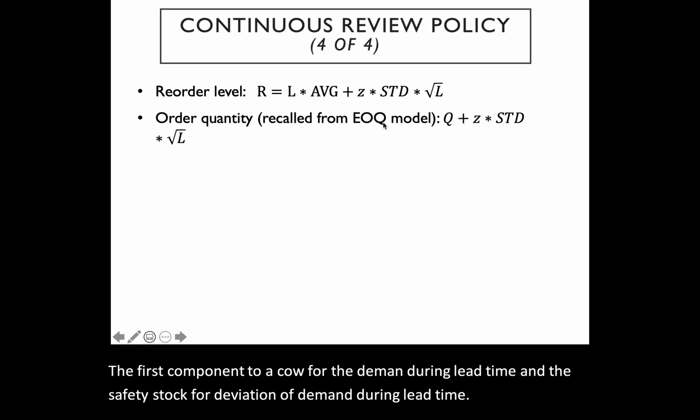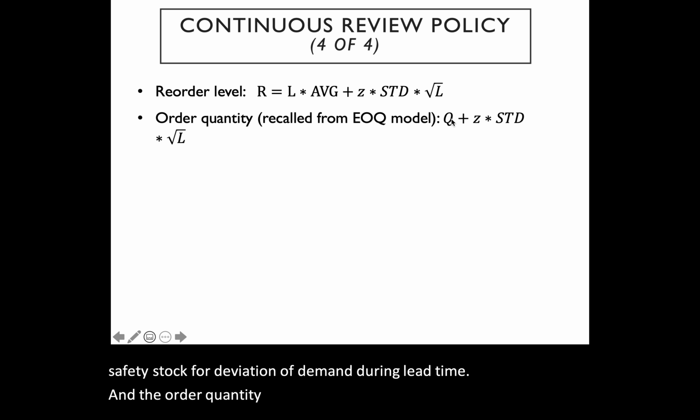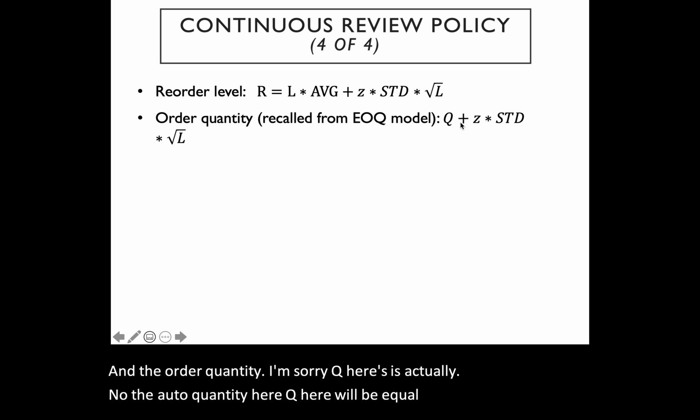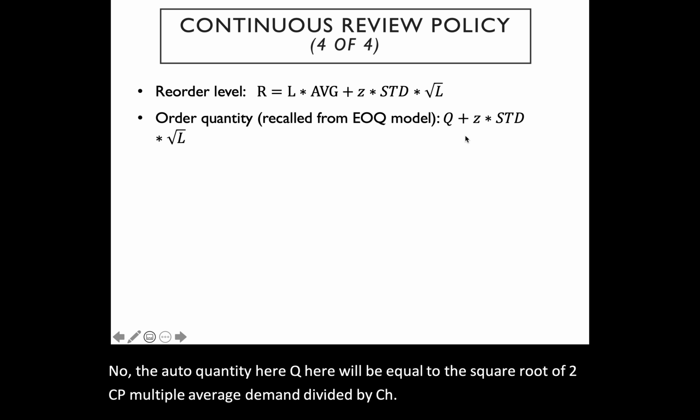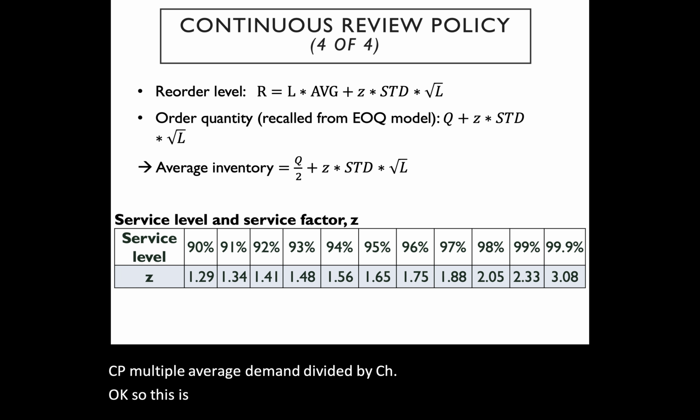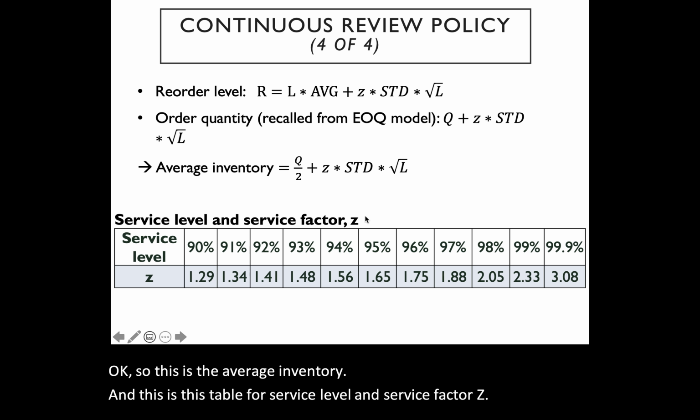And the order quantity Q here will be equal to the square root of 2CP multiplied by average demand, divided by CH. So this is the average inventory, and this is the table for service level and service factor, Z.